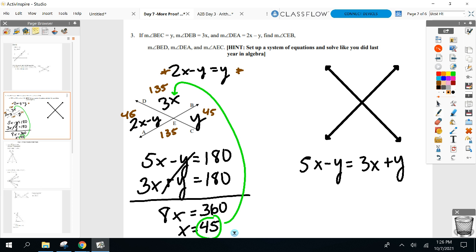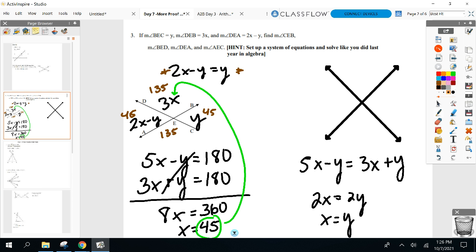So my equation was 3x plus 2x minus y equals y plus 3x, and then I did 2x equals 2y. Okay, so you said x has to equal y. Yeah, and then I substituted that in. Yeah, that's fine. I got you. Good.